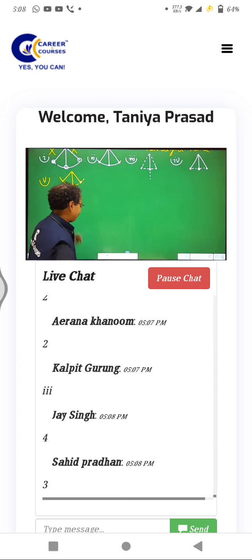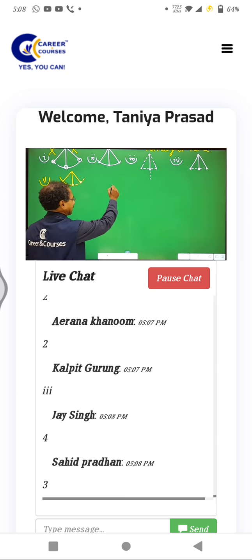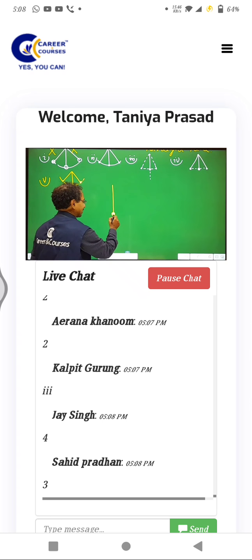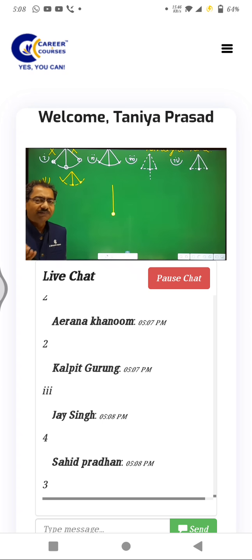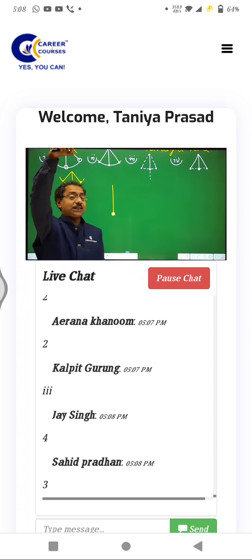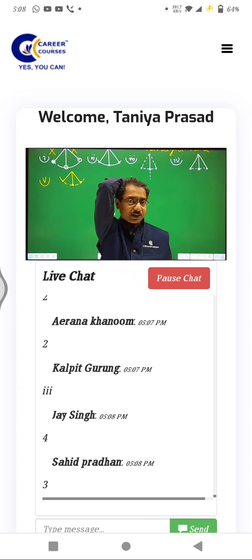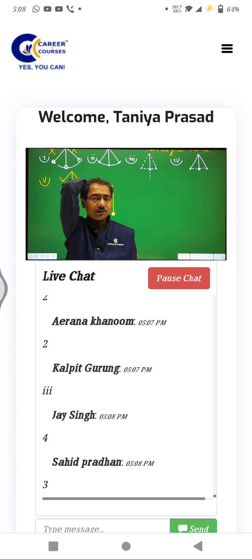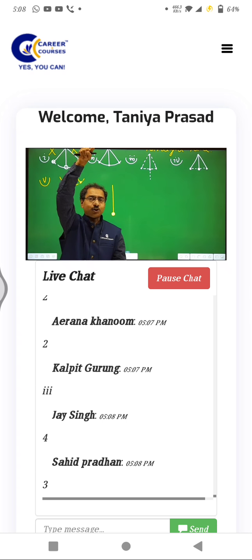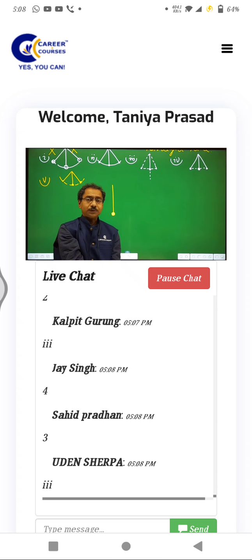So if a heavily massive body is suspended by a massless string, I have given one example: an elephant suspended by a very light string. What will happen? The string will be torn and it will fall down. But it doesn't fall because the string is inextensible.